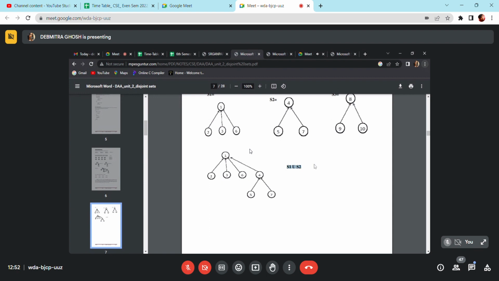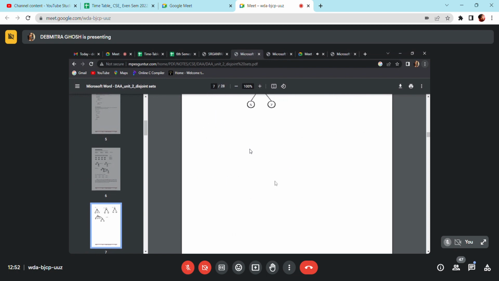Union of S1 and S2. S1 is the set on the left-hand side and S2 is the middle set. So finally we got the union of these two sets as 1, 2, 3, 6, 4, 5, 7. This entire set is the union of these two sets.